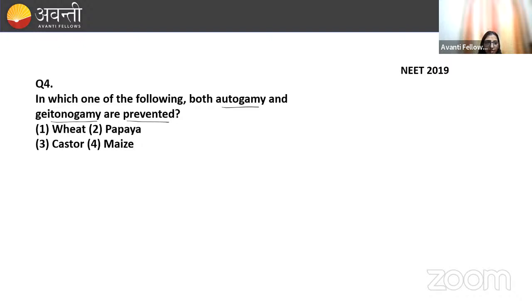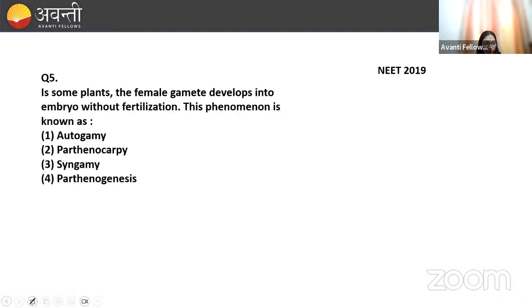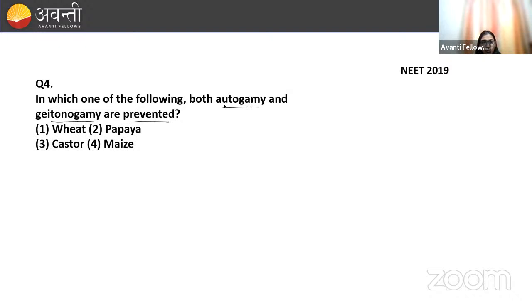Very good, Ms. Gauri. So both autogamy and xenogamy are prevented in the case of a dioecious plant. In case of dioecious, both autogamy and xenogamy are prevented.